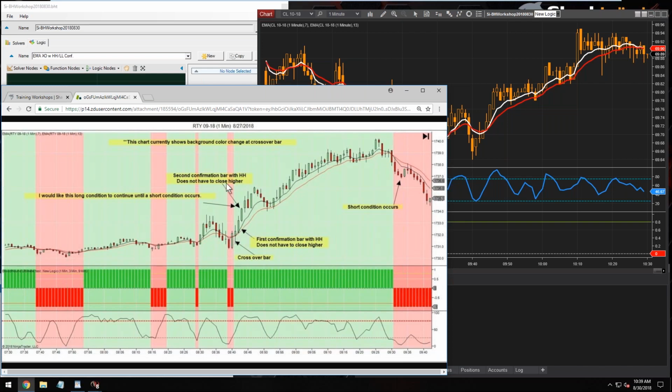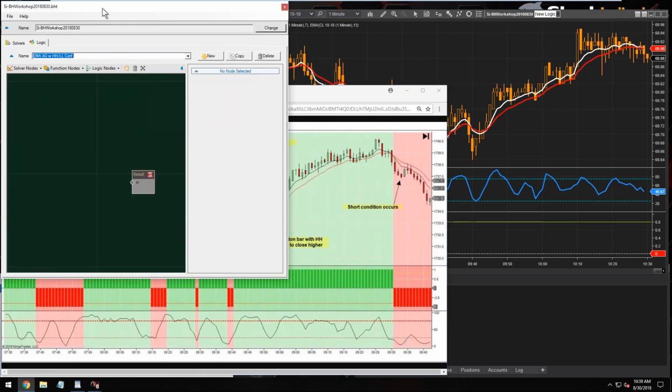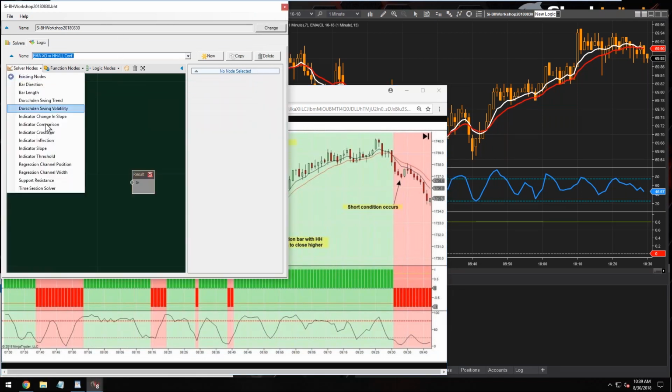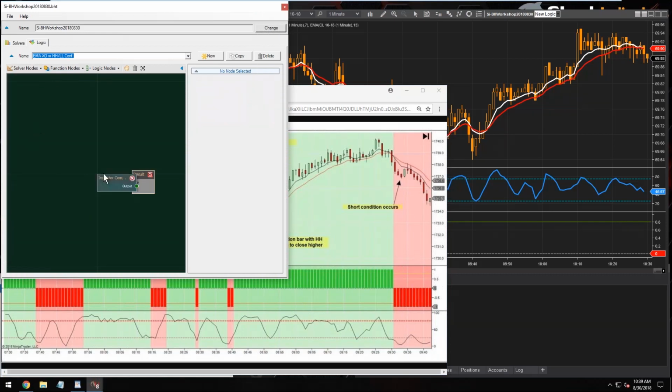So in other words, these higher highs don't have to happen in the next 5 bars or something. It's just whenever they happen, as long as the EMAs are crossed in the right direction, that's what matters. So instead of using a crossover, we will use a comparison solver here, such as what Scott has done. So let's grab a comparison here.